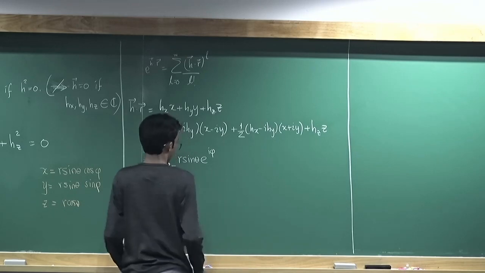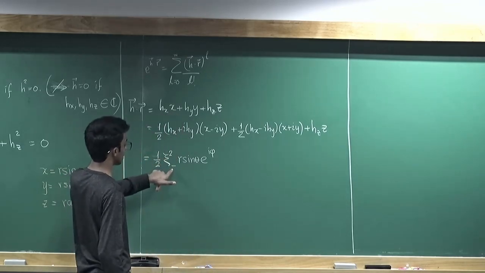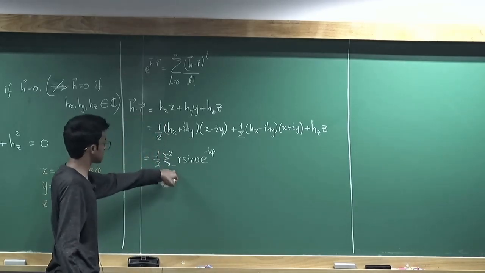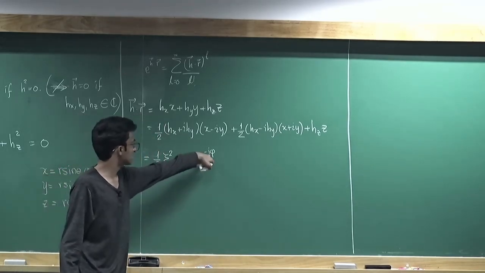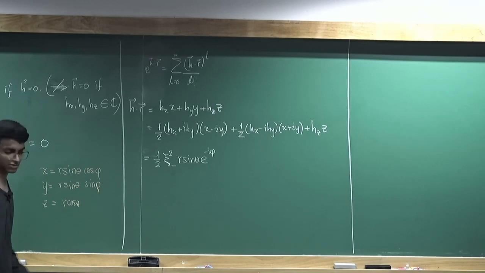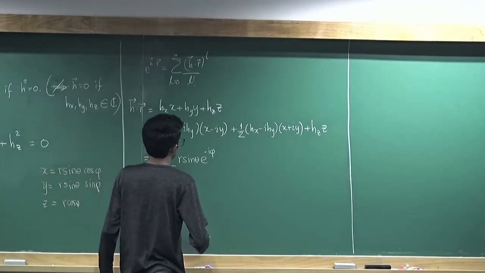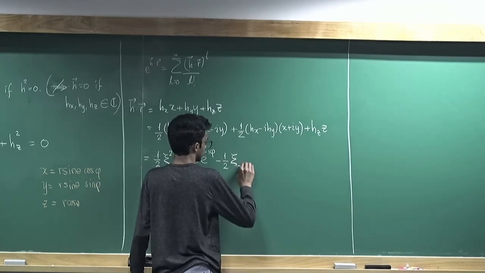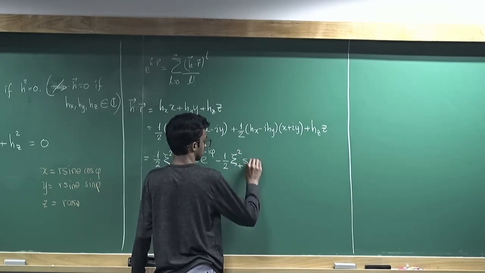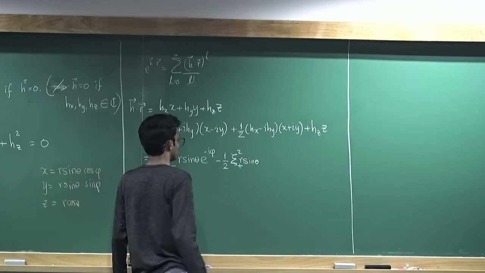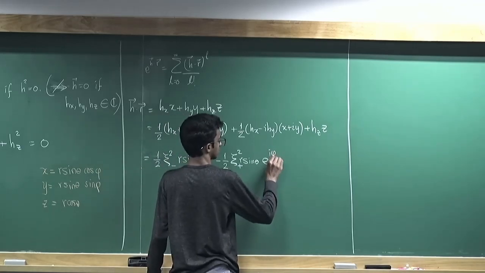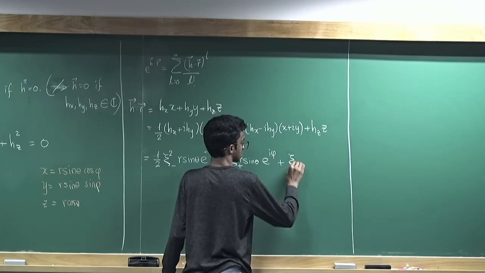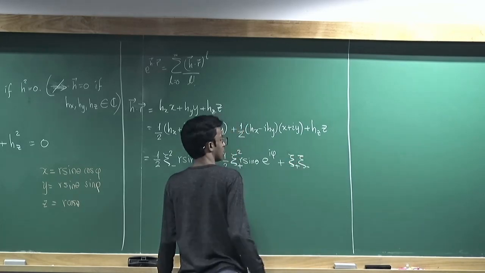Now you see why I put the minus sign. I could have parameterized it with some other symbols if you like. Minus half xi plus squared times r sine theta e to the i phi, plus hz, which we parameterized as xi plus xi minus, times r cos theta.